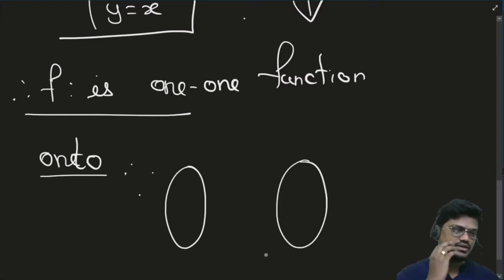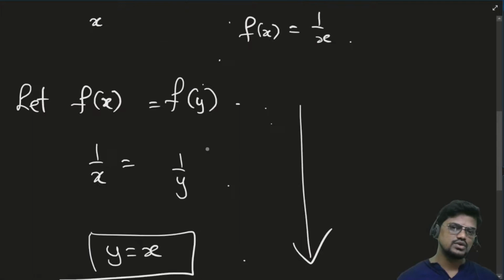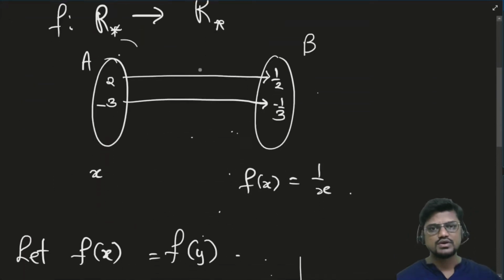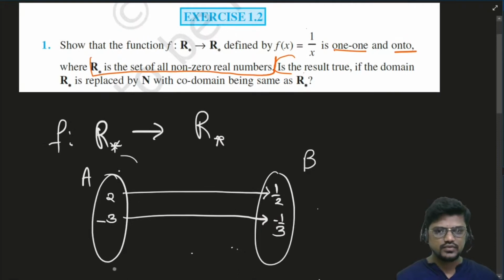What is an onto function? That all women have a child. There is no woman who does not have a child. That is your onto function. So over here, you have to check whether it is an onto function or not. What is R star? The elements in A are non-zero real numbers, and the elements in B are also non-zero real numbers.